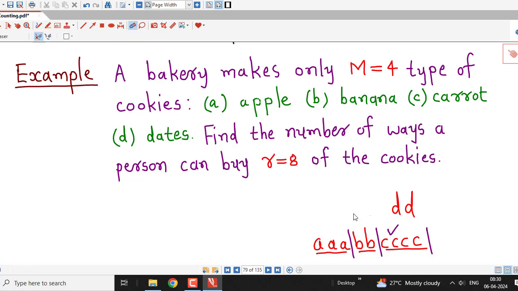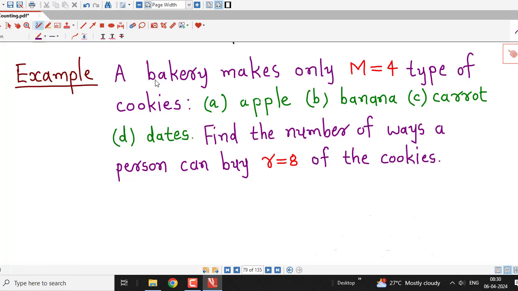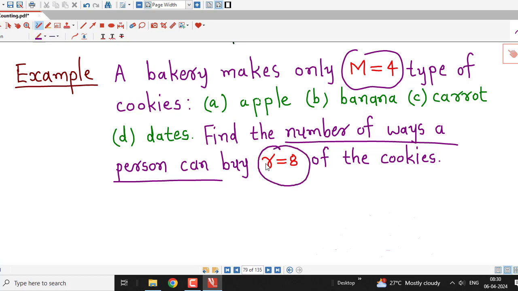Here I have taken the example of cookies prepared by some bakery. A bakery makes only m equal to 4 types of cookies, say apple, banana, carrot and dates. Find the number of ways a person can buy r equal to 8 of the cookies.